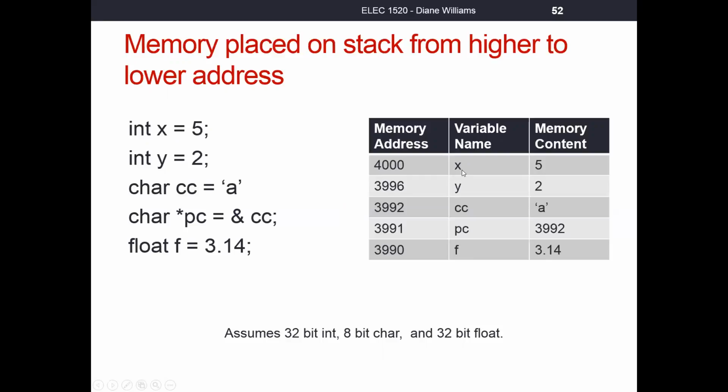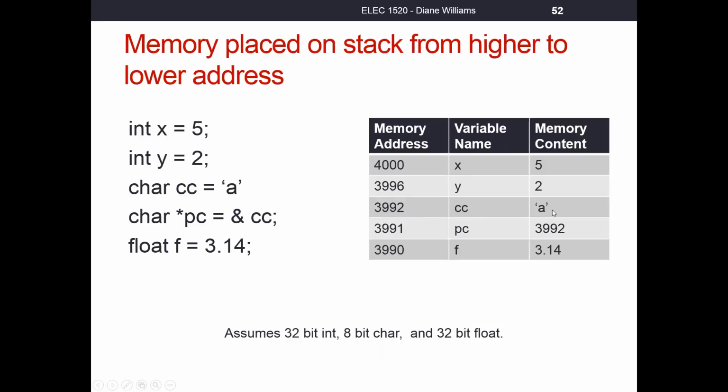So X is placed out there, and I'm assuming my integers are 32 bits, so 4 bytes away. Remember, memory addresses correspond to byte addresses. So Y would be 4 bytes away at 3996. So here I'm showing the variable name, the memory content, and my memory address. And then 4 bytes away from that, we should store variable CC, which is of type char.